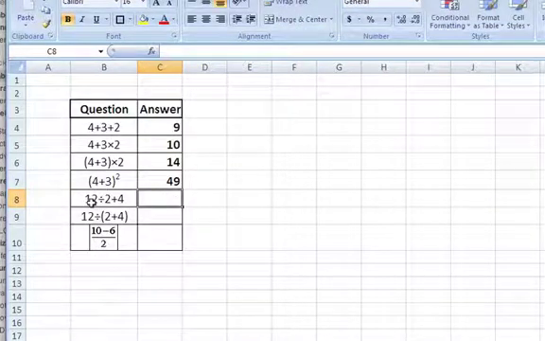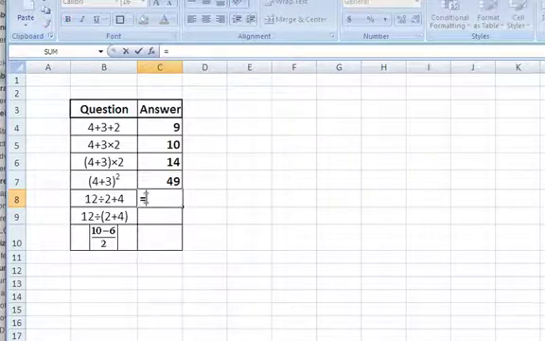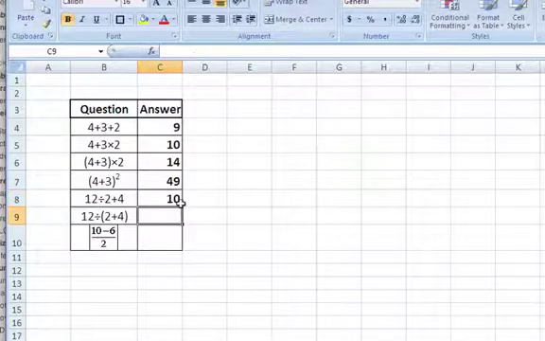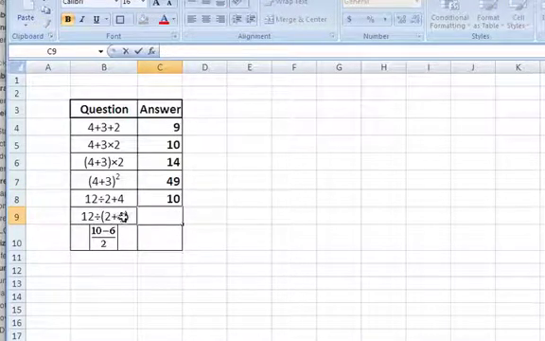Now, for this next question, division, it's going to be equals 12 divided by 2 plus 4. So 12 divided by 2 is 6, plus 4 is 10, and we get our answer. Here we have to do the work in the brackets.